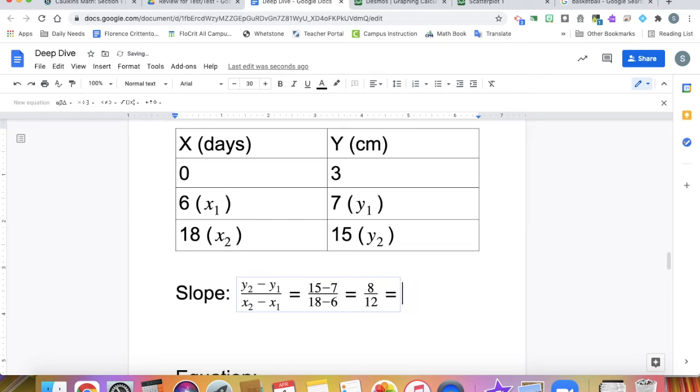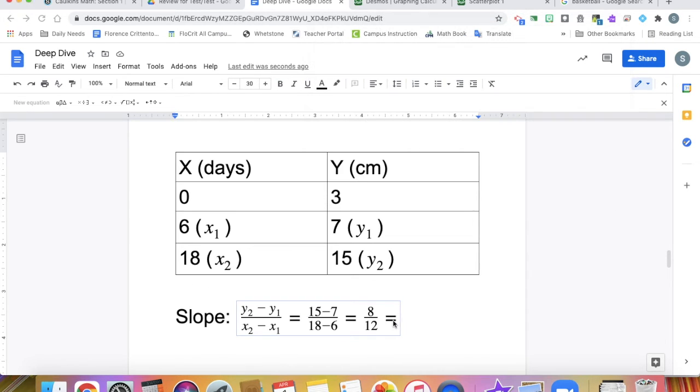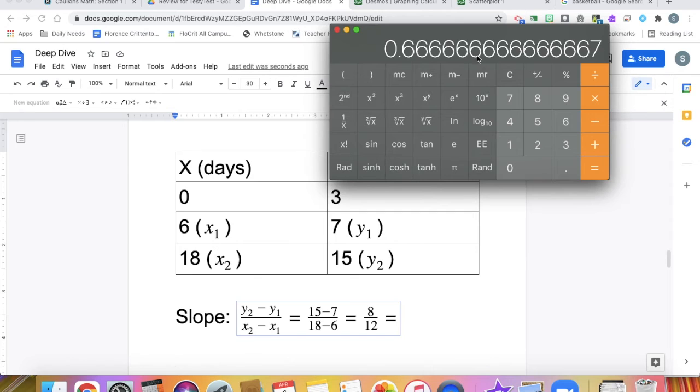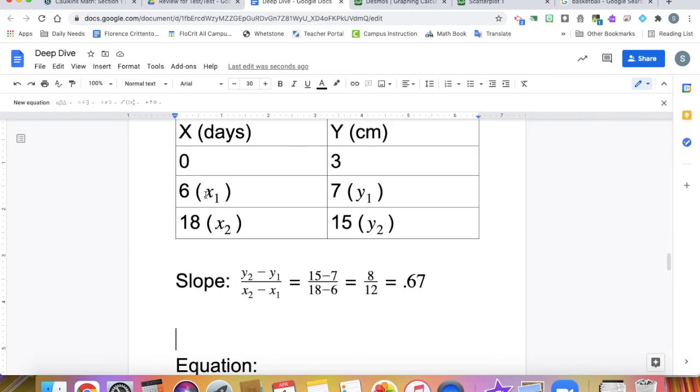Which means altogether, we're going up 8 centimeters in 12 days. So if I do 8 centimeters divided by the 12 days it took, I would find out that the slope is 0.6 repeating for a long time, which you can always do 0.6 and then round up the next number to 7. So that's if I did it between these 2 points.